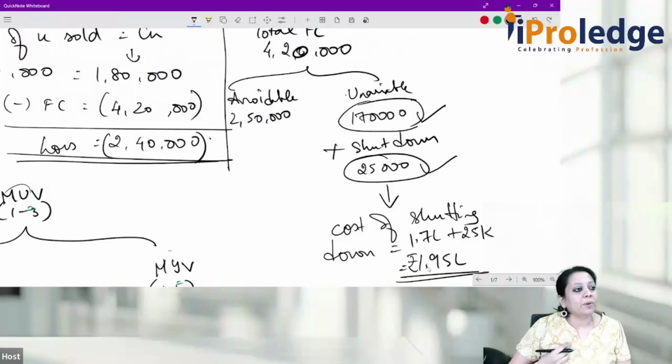So if I shut down, I will pay only 1,95,000. But if I continue, my loss will be 2,40,000. So it is better to shut down. I hope everybody got it. So please conclude by saying it.